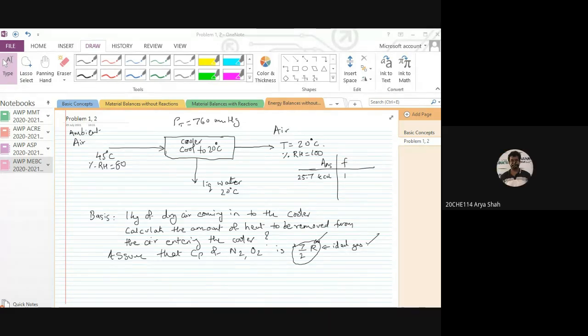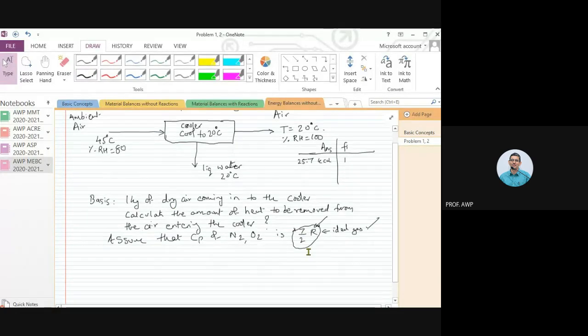So would change in pressure affect enthalpy? A good point, Arya. Change in pressure does affect enthalpy, but not at these temperatures. These temperatures are so small that the change of enthalpy with pressure is negligible, and not at these kinds of pressures, 1 atmosphere. For some other substances, 1 atmosphere is too large a pressure.